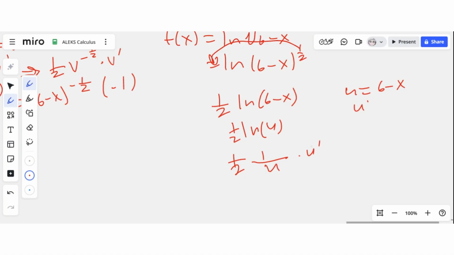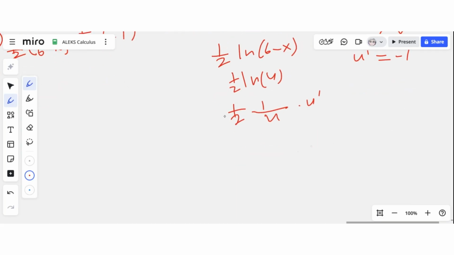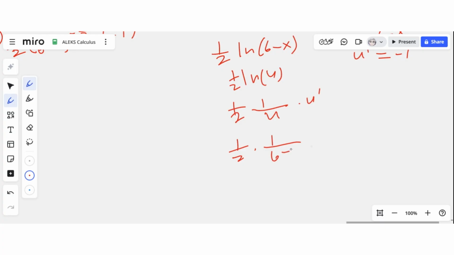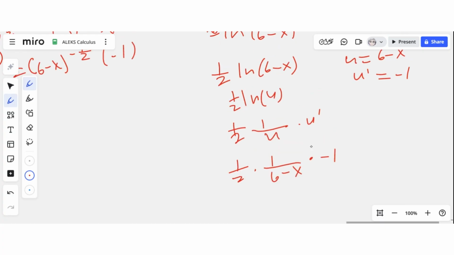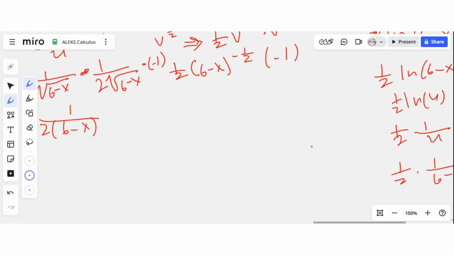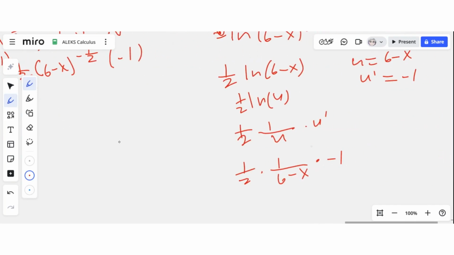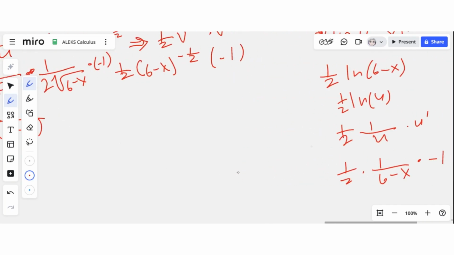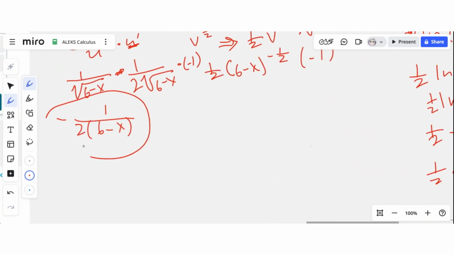And u prime here, the derivative of this expression, is just negative 1. So let's put u back in here. We said u was 6 minus x, and times negative 1, which is our u prime there. And this is looking a lot like this. Yeah, if we put the negative sign out front, and put the 2 up there, we've got this expression exactly.